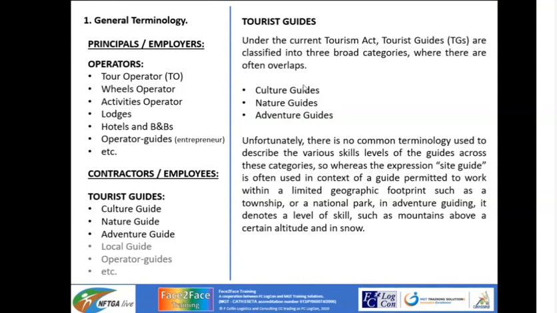What it says is that your level of skill is given by the site, and the site can be a type of environment such as mountains above a certain altitude with snow in winter. Other guides are not allowed to operate there because they do not have that qualification yet. So the word site is used differently.